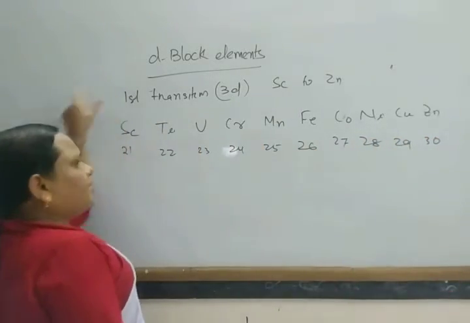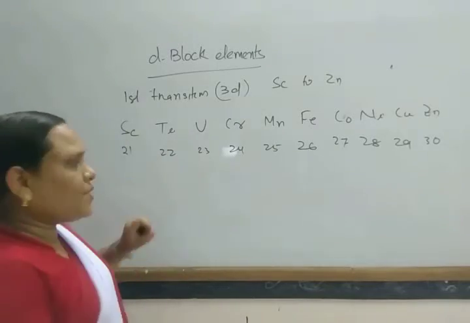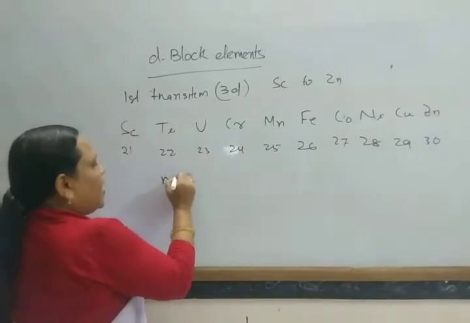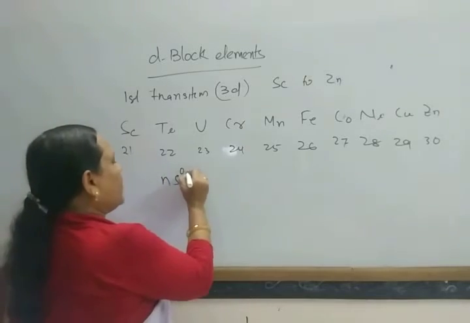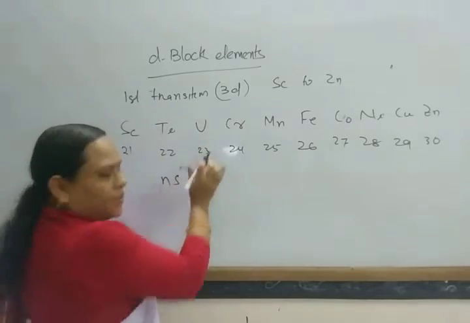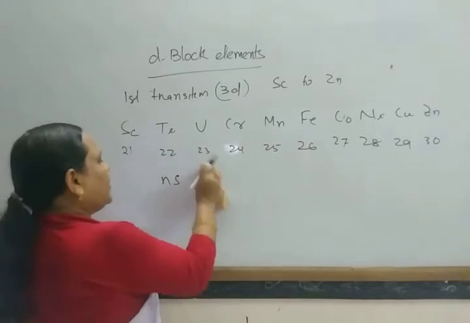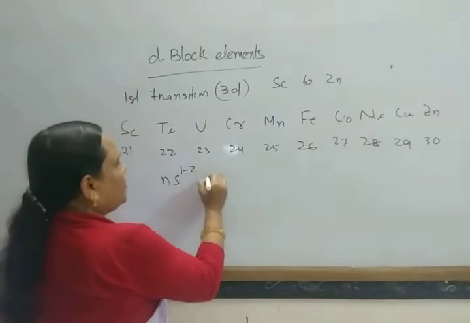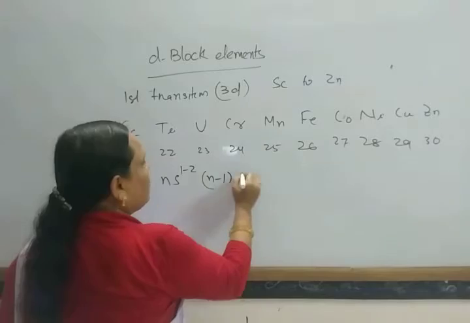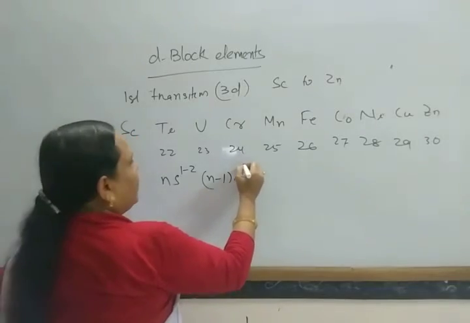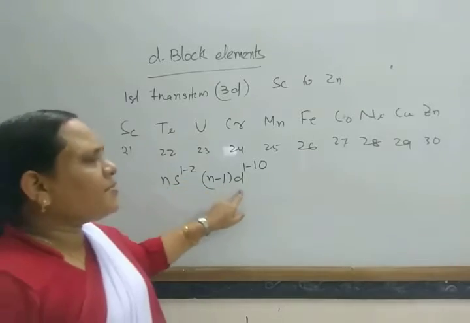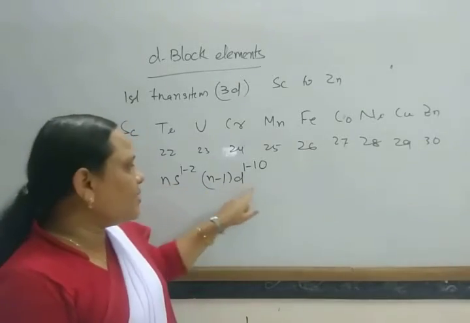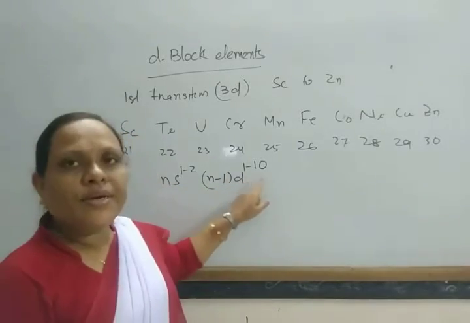Okay, so these elements have the general electronic configuration ns 1 to 2, (n minus 1)d 1 to 10. So the d subshell is progressively filled, from 1 to 10.